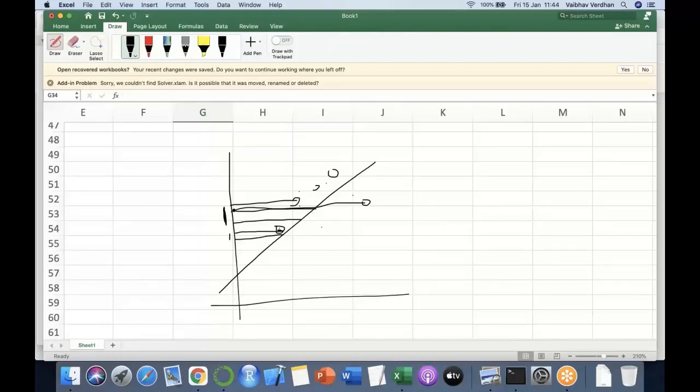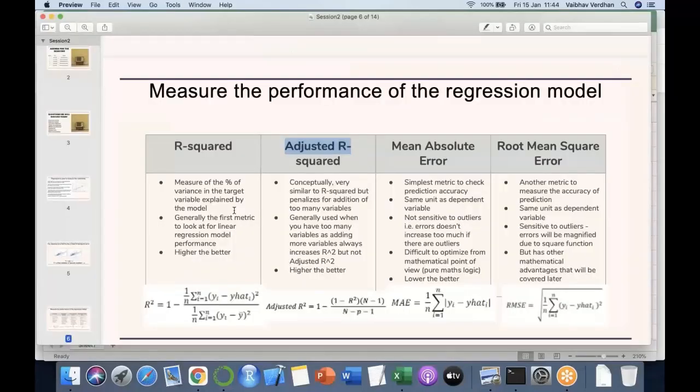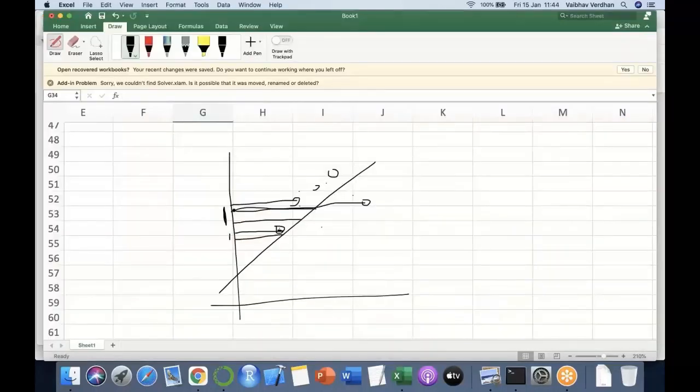Ultimately, theoretically, you would want your errors to be zero. It's not possible practically, but you would want your errors to be zero, right? So using the mean absolute error and root mean square error, you can measure that. There is one question over here: why do you use, let's say, root mean square error?